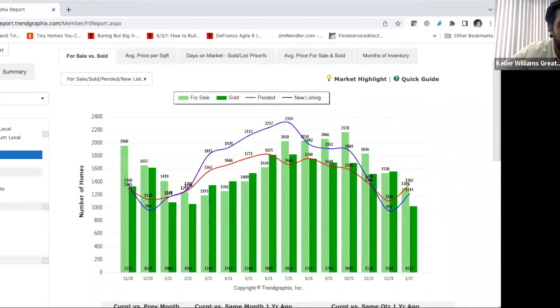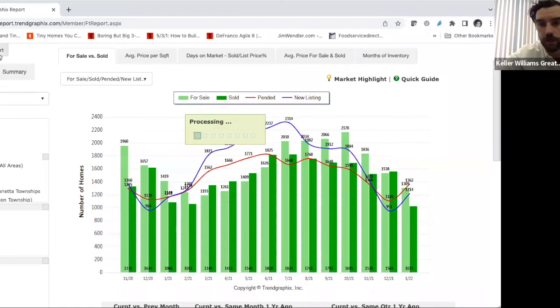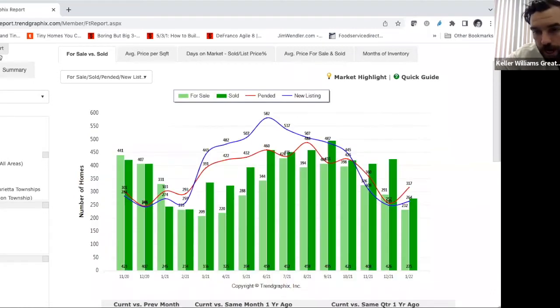But you can also combine. So maybe I'm a West Side agent and I sell in Cuyahoga, the west side of Cuyahoga County, and I also sell in Lorain County, just based on where I'm located. So I can actually combine those two into an addressable market that'll allow me to get a sense of what's happening. Oops. Sorry, it should have combined those two, and I think it unchecked.